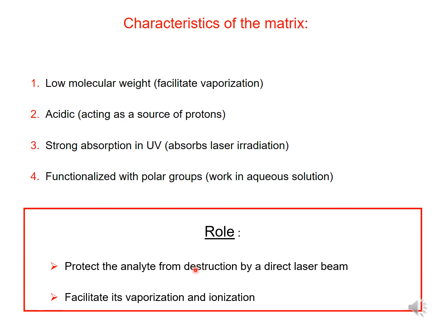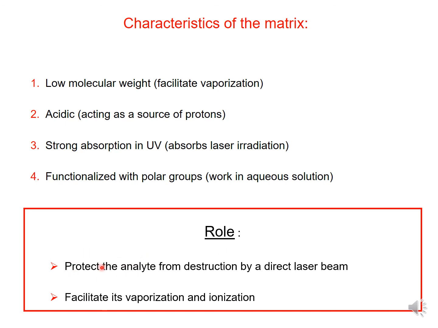That's the obligation to obtain an ionization. However, the major issue, if you perform this, is the energy of the laser, and sometimes you fragment your compound. If you perform this with a matrix, you protect the analyte, you protect your compound from destruction, and then you perform the ionization in two steps.